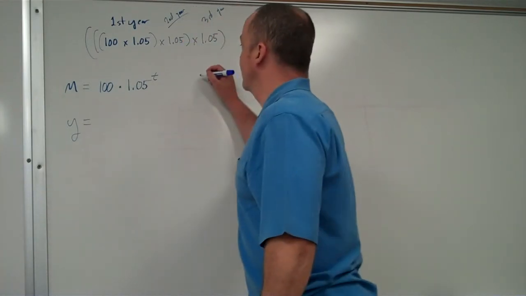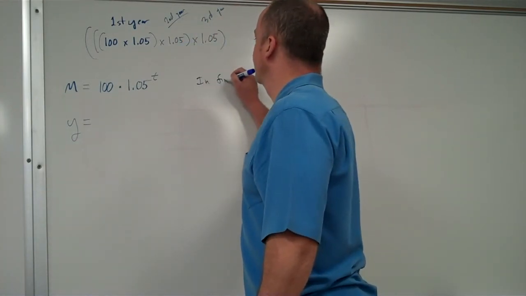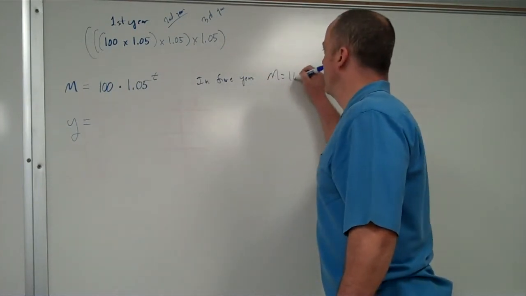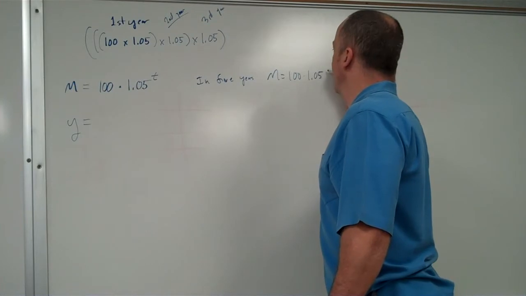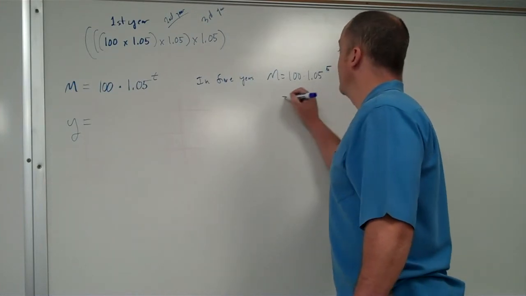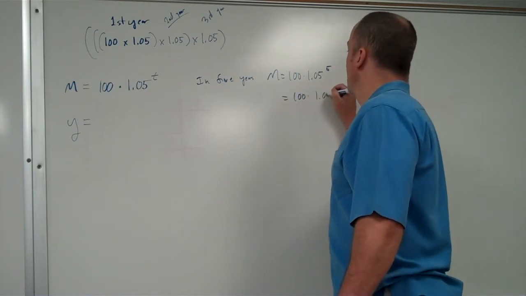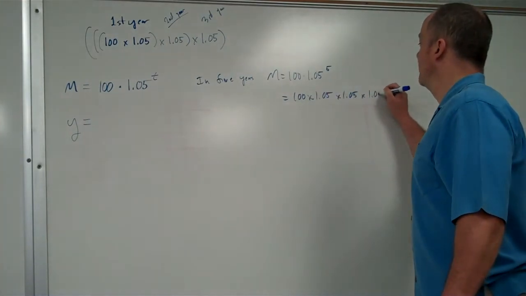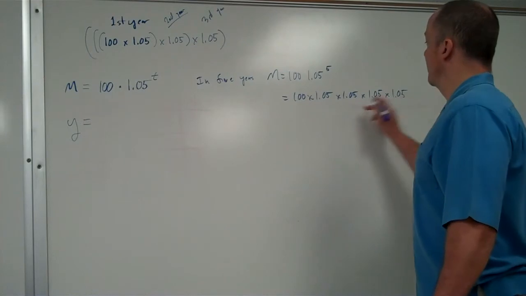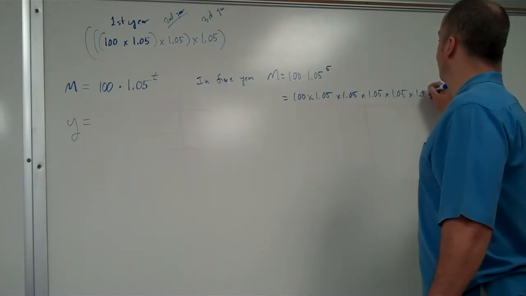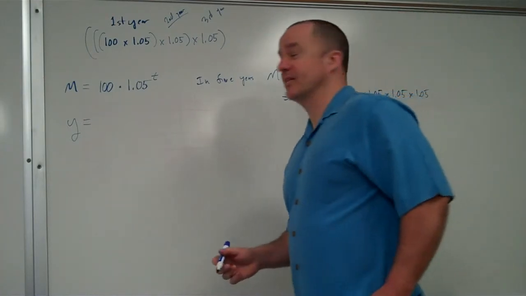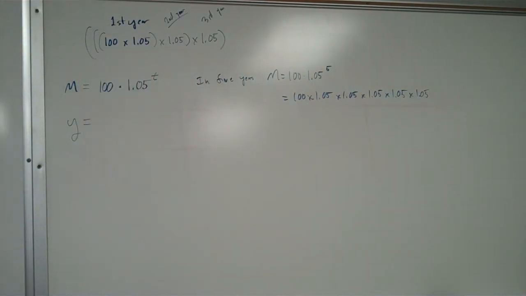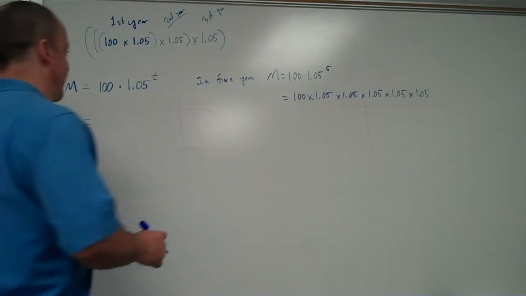So in 5 years, your money will be 100 times 1.05 to the 5th, which is 100 times 1.05 times 1.05 times 1.05 times 1.05 times 1.05. Is that how you would figure it out on your calculator? No, you put in the exponent with your little hat mark.